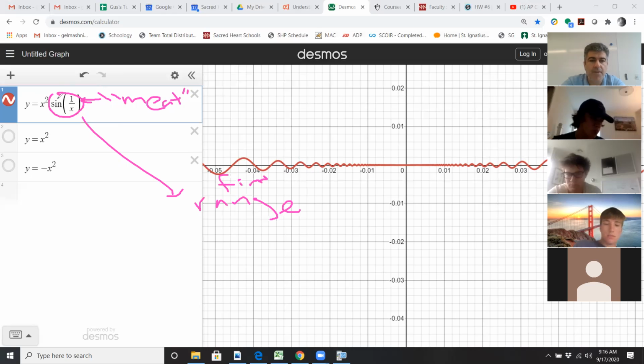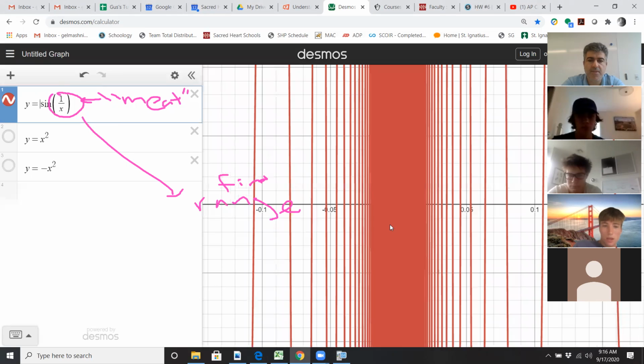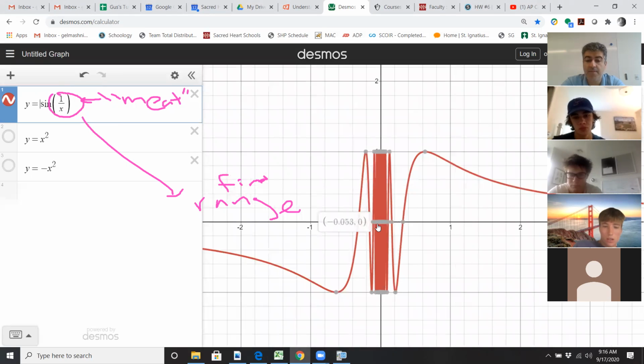So what I could do is I could deliberately delete this. Whoa, that's crazy. Okay, you guys see the range here. What's the lowest point? What's the highest point? -1 to 1. So in order to find the meat, this is where you should be annotating your notes.